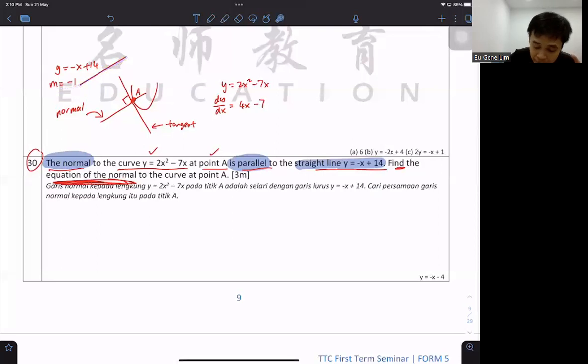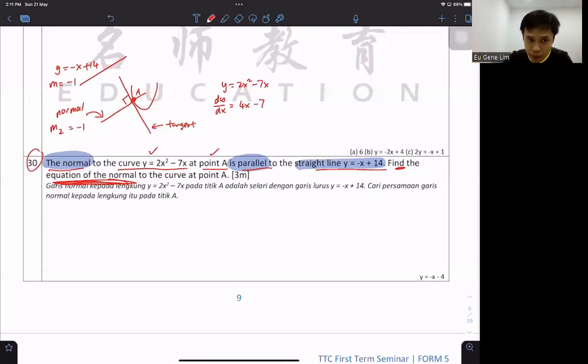And this line is parallel to normal. So the normal gradient is also -1. But you don't write m equals -1, you write m2, because normal is number 2. So m2 equals -1, understand?